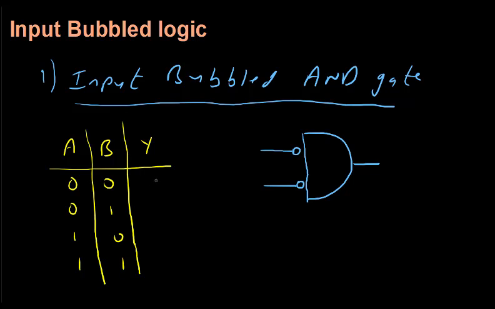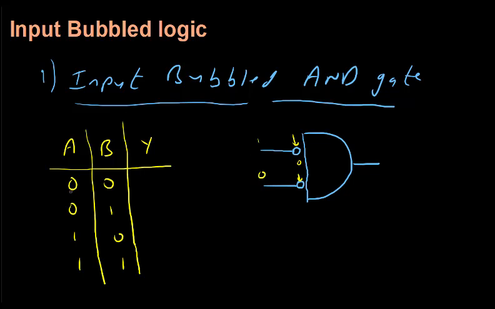Now remember that whatever input we are giving, it is inverted because there is a NOT gate. Suppose I am giving 0 here, because of this bubble it becomes 1. And if I am giving 1, then this input will become 0.